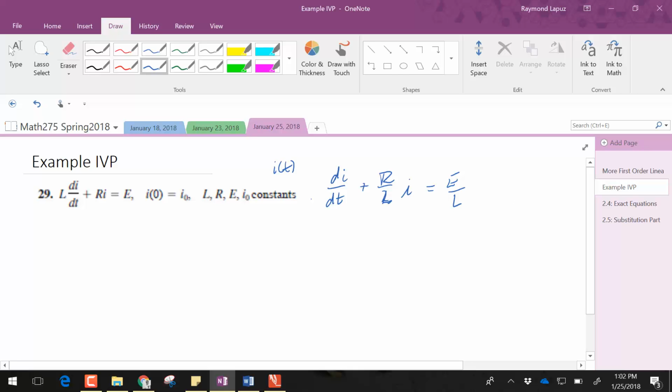So we can find our integrating factor. Mu is equal to e to the integral of R over L. We're integrating with respect to t here, because t is our independent variable. And it looks like we have e raised to the R over L t is going to be our integrating factor.